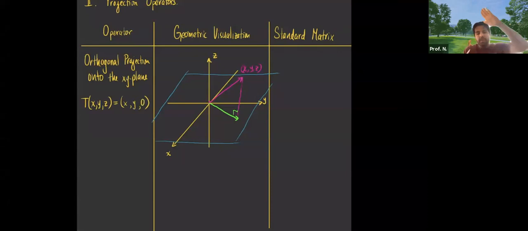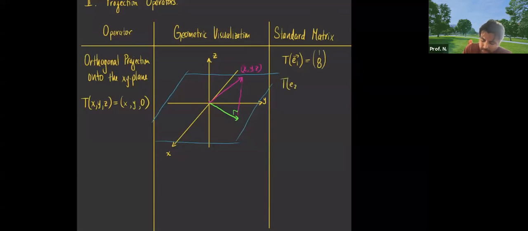The z coordinates all become 0 when you project it, right? It's like a shadow again. So this idea of the shadow, right? We have a light source above and we project it directly down, in an orthogonal fashion, onto the XY plane. So then what would be the standard matrix for this? Well, when I project 1, 0, 0 onto the XY plane, I get the same thing, 1, 0, 0.